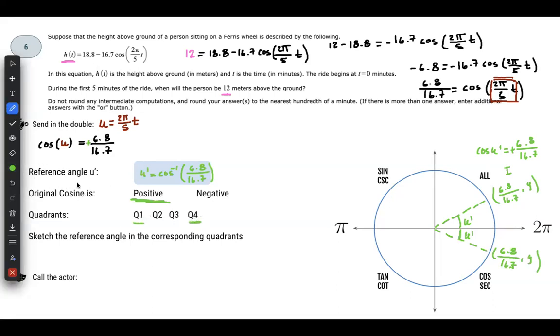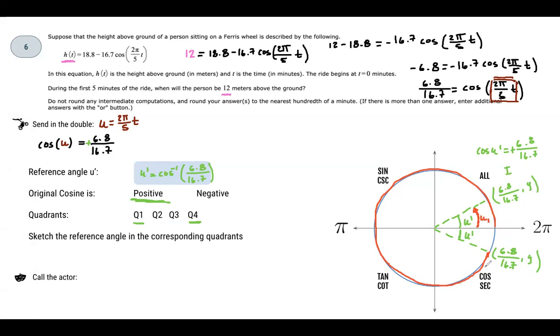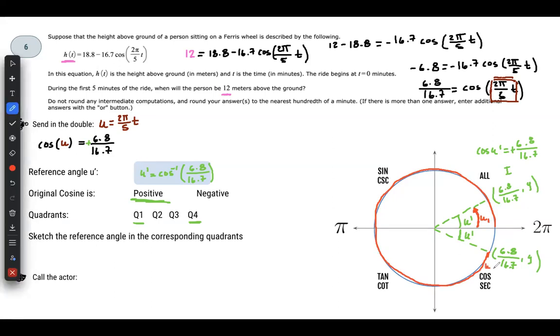Now, those are the reference angles. The final angle is this. So that is U1. And the second possible angle is when I almost complete the circumference and I'm going to get to an angle of U2.